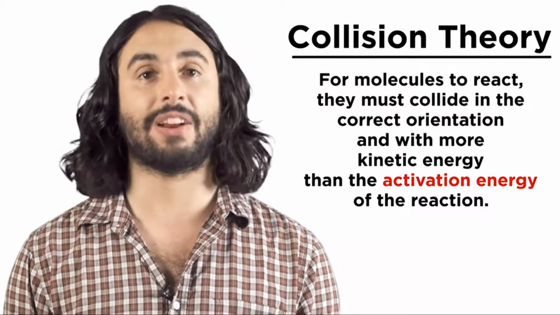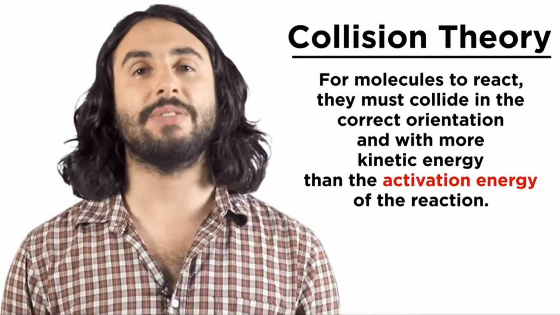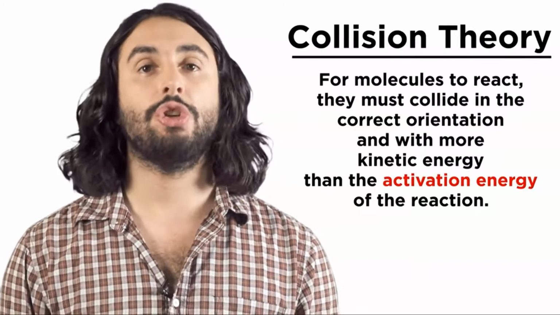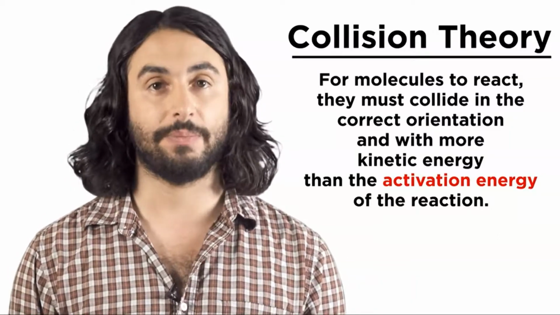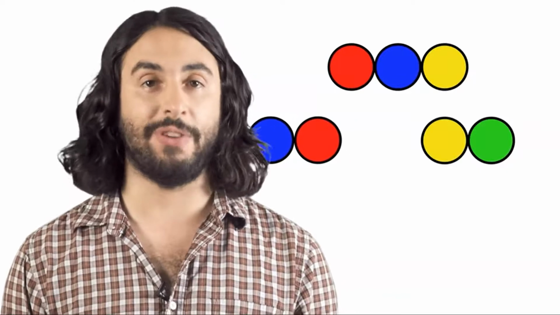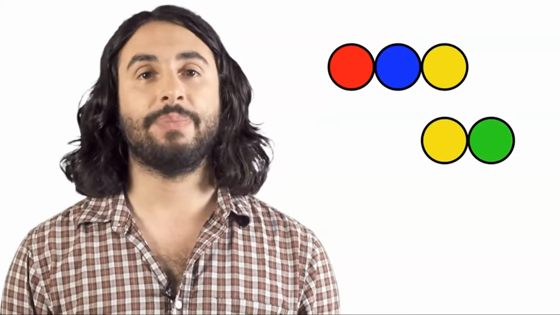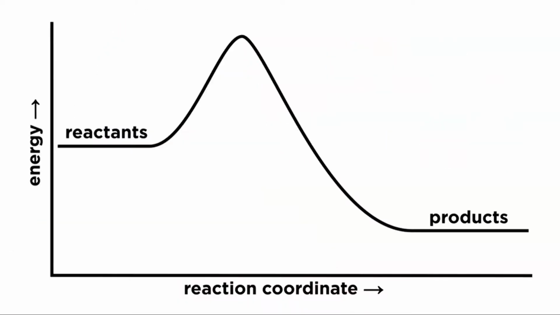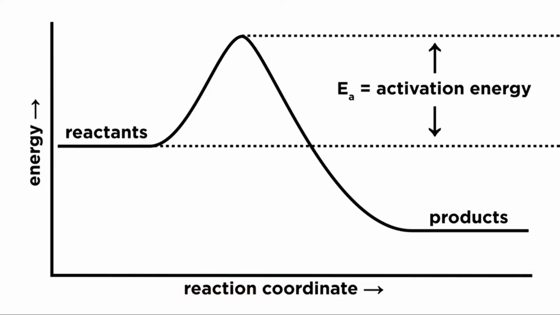Collision theory states that molecules involved in a reaction, whether in the liquid or gas phase, have to collide in a particular orientation and with an amount of kinetic energy that exceeds the activation energy of a reaction. This is the amount of energy that has to be provided to allow for the reaction to proceed. Here, we can see that the two molecules have to collide in a particular way in order to react. Otherwise, they will bounce right off each other.